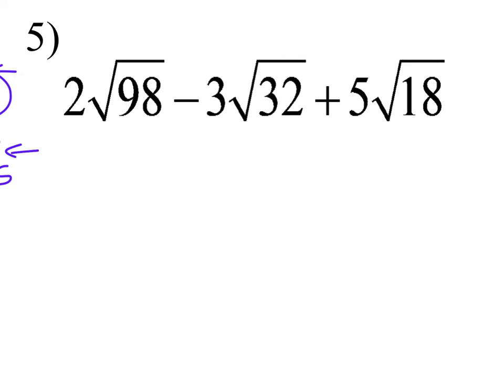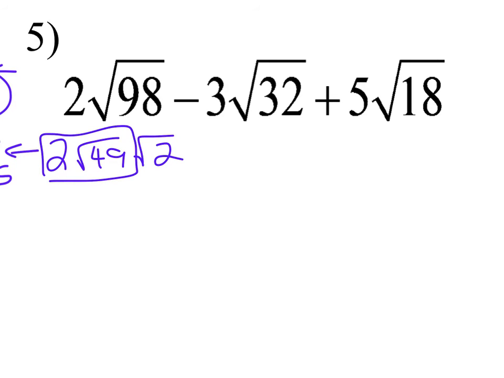Okay, so now this is 3 reducing problems all at once. So I'm going to do this quickly, but you're going to see the same numbers over and over. And 98, the perfect square is 49. So it's 2 radical 49, put that in your calculator, or it's 2 times 7.